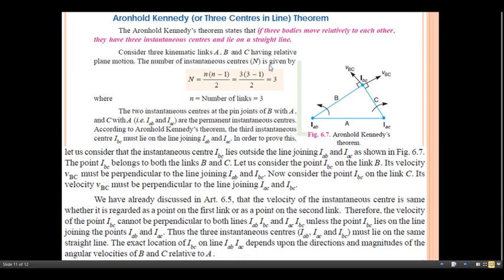The number of instantaneous centers N can be given with the help of this relation: N equals n into (n minus 1) divided by 2. As the number of links with us is 3, just substitute here and get the number of instantaneous centers.